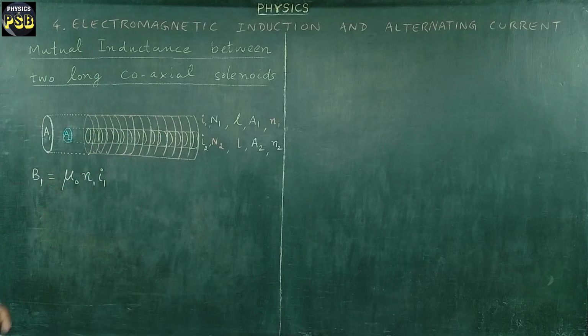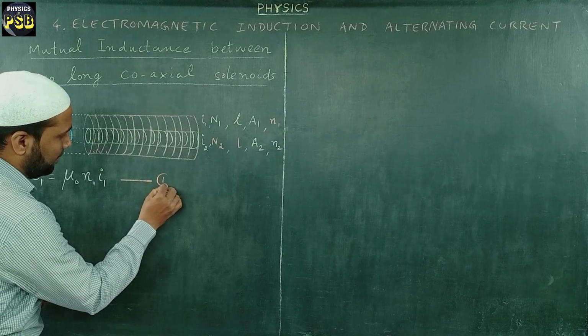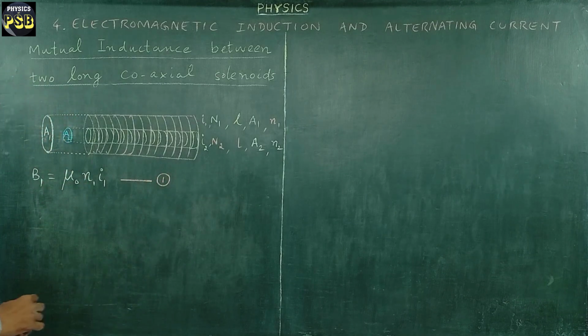This is the expression for the magnetic field produced by the solenoid due to the flow of current through it. We have learned about this long ago. I have made a separate video on this; to get more information, kindly watch that video.